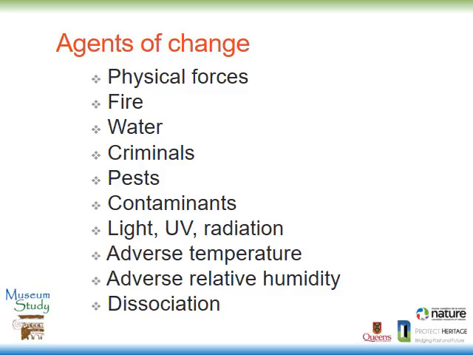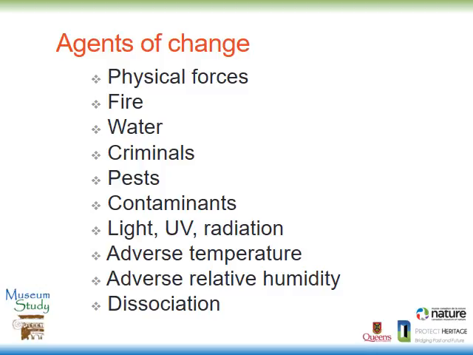There's actually a lot of different ways to slice and dice these, but this set of 10 agents seems quite useful. Physical forces, fire, water, criminals, pests, contaminants, light, ultraviolet, or other radiation, adverse temperature, adverse relative humidity levels or changes, and finally dissociation.